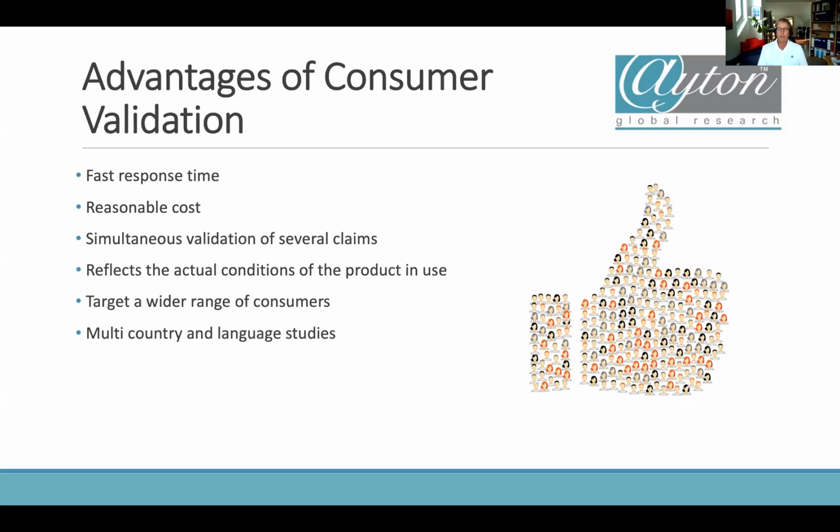And here you have, in addition to the validation of the claim, also the proof that it works with consumers. You can target a wider range of consumers, and also with us, for instance, you can really easily go into different countries in different languages and broaden the scope of the study, which also allows you to have the claim validated in many areas of the world.